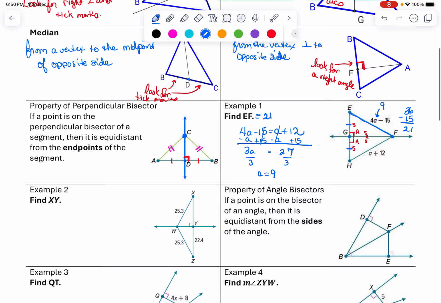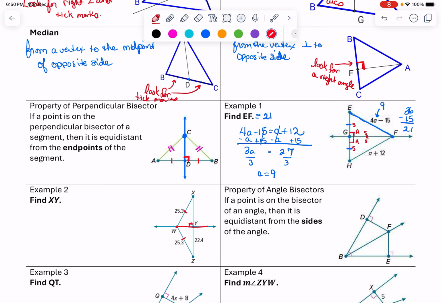Example 2 says, let's find the distance between X and Y. We see that we have a right angle at Y, and we have two segments that are the same distance away from the endpoints of this segment, that means that W has to be located on the perpendicular bisector of segment XZ.